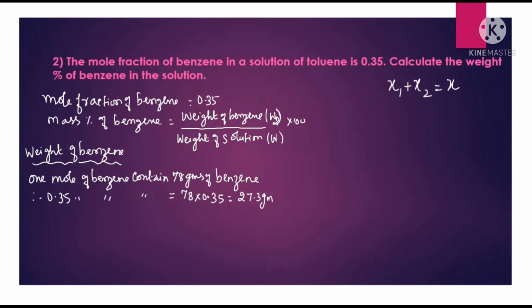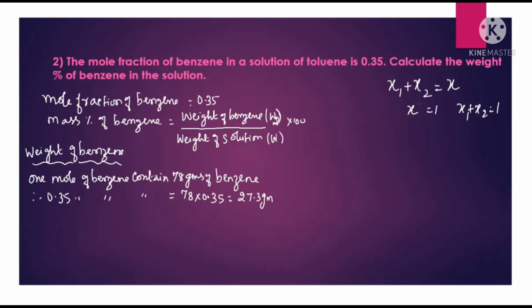How to calculate? See, already in the first step I have informed that the sum of mole fractions of the solution will always be equal to 1. So the sum of these two, that is x1 plus x2, will be equal to 1.